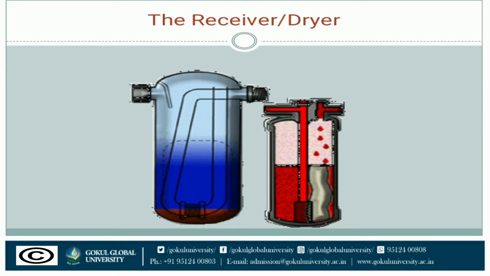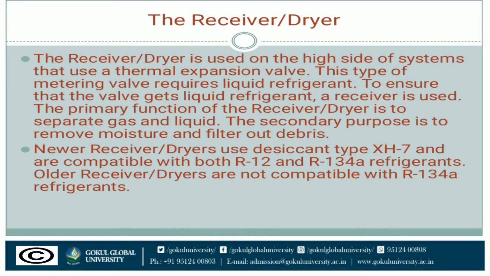Next, after the condenser, there is the receiver dryer. So this is the figure of the receiver and dryer. The receiver dryer is used on the high side of the system. As I said, compressor, condenser, and receiver dryer make up the high pressure side of a system that uses a thermal expansion valve after it.